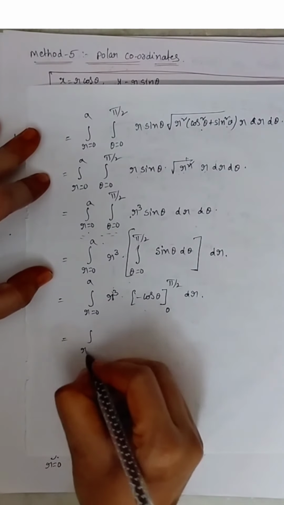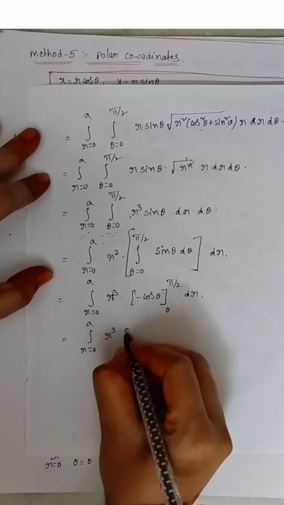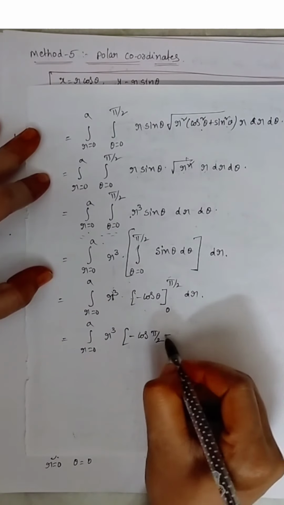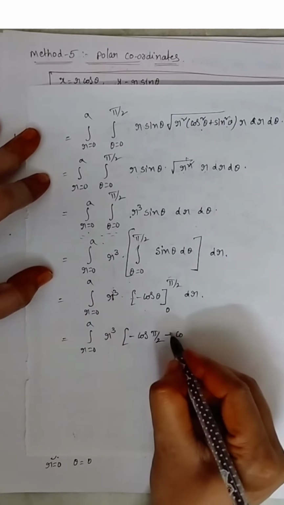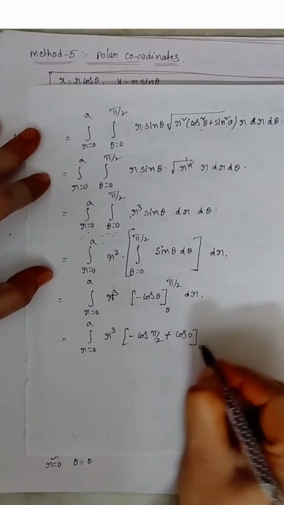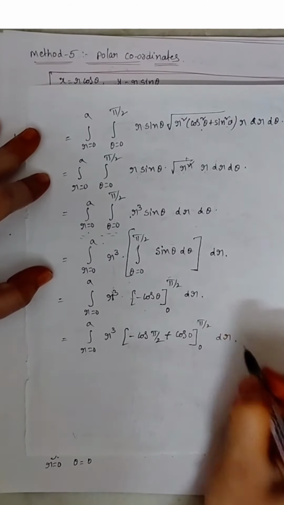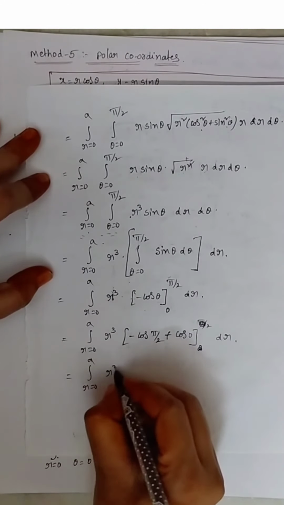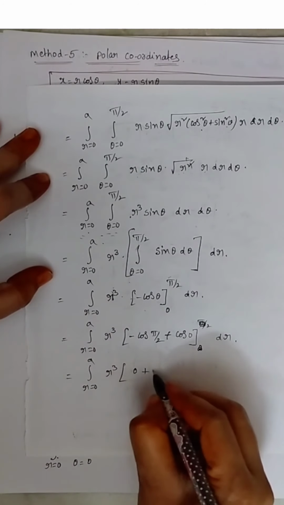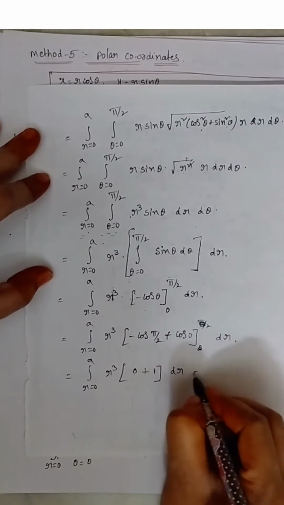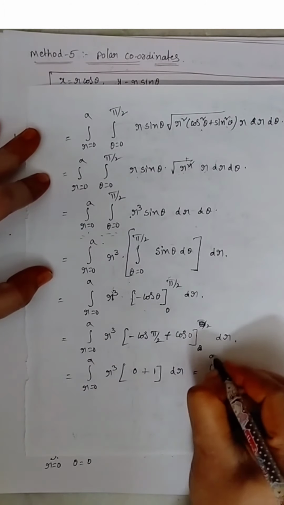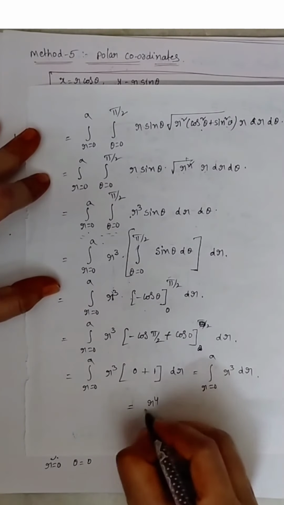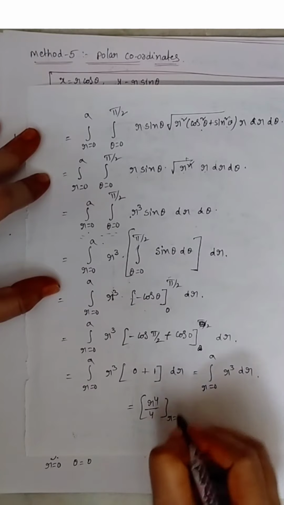This equals integral r equals 0 to a of r cube into minus cos pi by 2, upper limit, minus lower limit, so plus cos 0, into dr. So integral r equals 0 to a of r cube into cos pi by 2 is 0, plus cos 0 means 1, into dr. This equals integral r equals 0 to a of r cube dr. Integral of r cube is r power 4 by 4, limits r equals 0 to a.